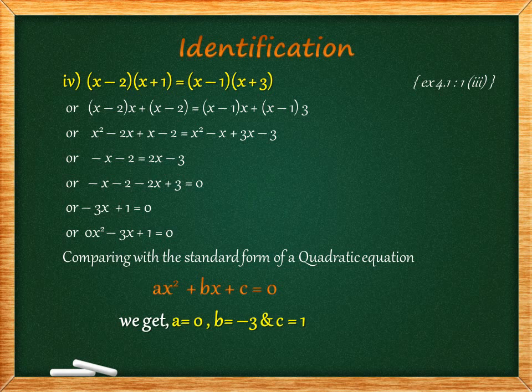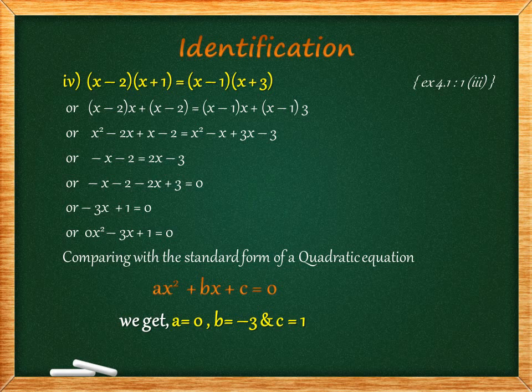As we can see, all three, a, b and c, are real numbers, but at the same time a is equal to 0. As we know, a quadratic equation is of the form ax square plus bx plus c is equal to 0, where a, b, c are real numbers and a must not be equal to 0.